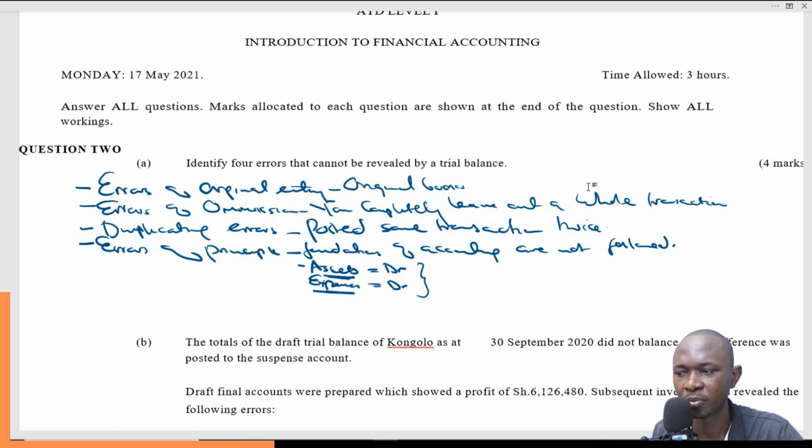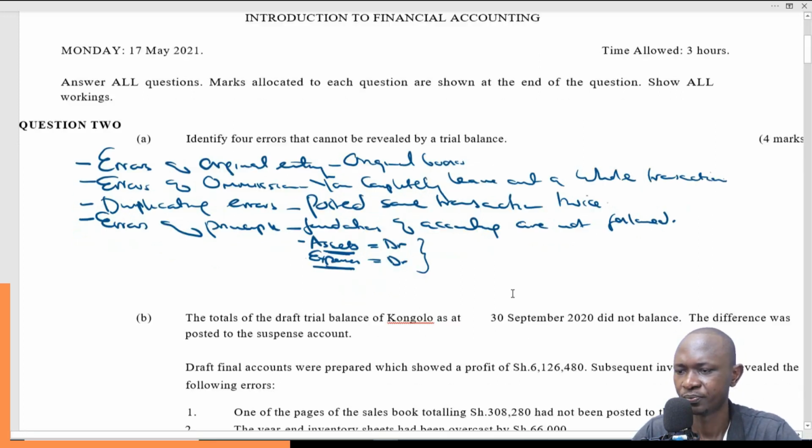So errors of principle, where you don't follow the foundations of accounting, there's something about the class of the accounts. You post a transaction in the wrong class of accounts. Instead of posting an expense to an expenses account, you post an expense to an asset account. That's a wrong class. That's what we are talking about.